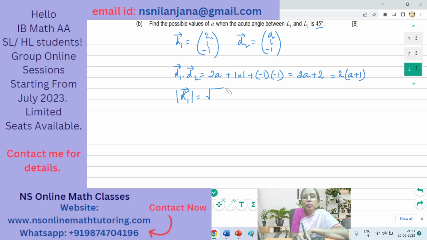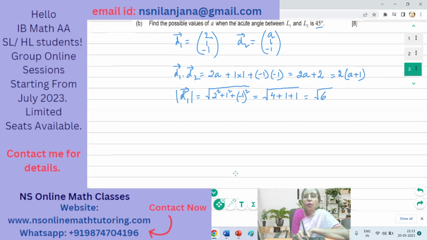Should be equal to 2 square plus 1 square plus negative 1 whole square. This is the square root of 4 plus 1 plus 1, equal to square root of 6. What about D2?